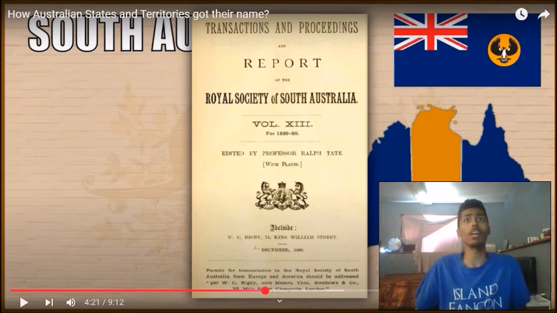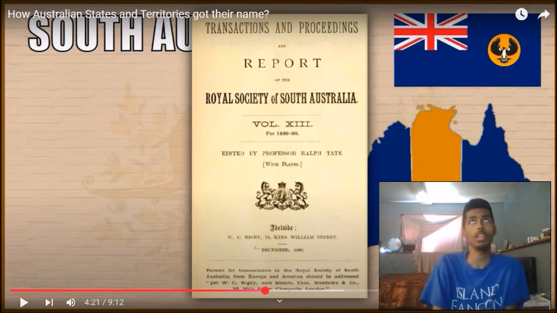So that's interesting on how that's actually the case, and how it has some familiarity with Canada's Northwest Territories. That's something that both South Australia in Australia and Northwest Territories in Canada basically have in common.